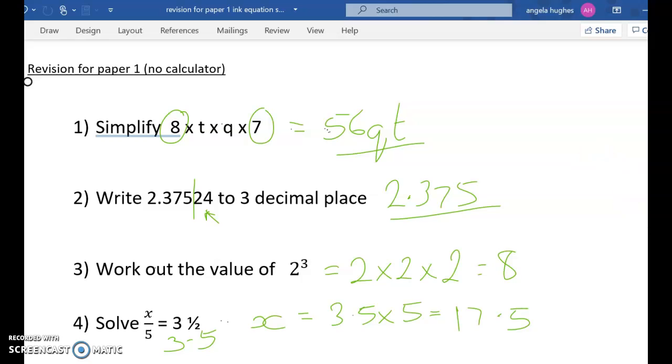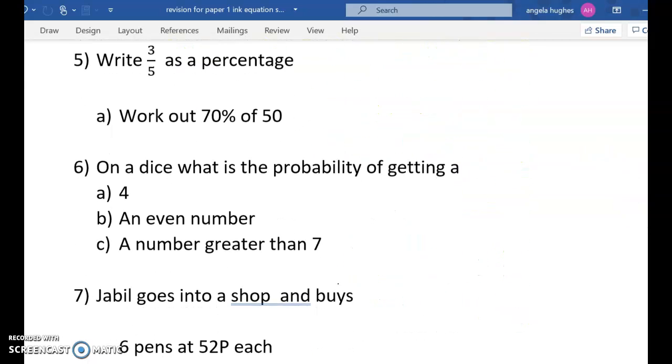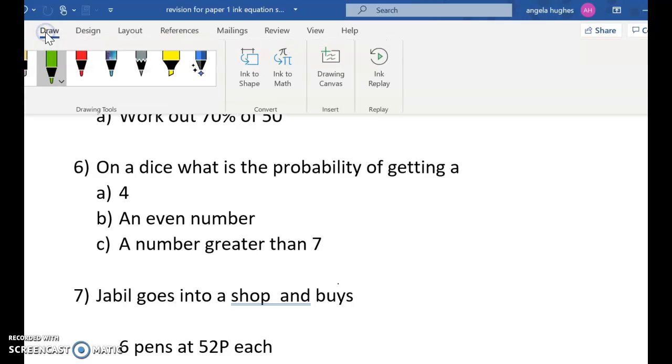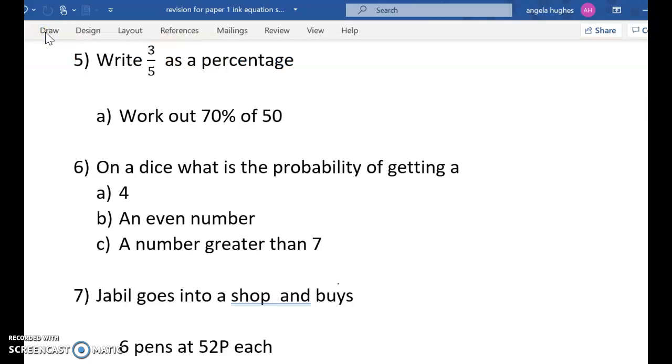Okay then, right. So moving on to the next lot of questions. So question 5, write this fraction 3/5 as a percentage. Now you may already know that 1/5 is 0.2 and then you times that by 3, but if you don't and you're a bit stuck, what we're going to do here is we're going to divide using bus stop method.